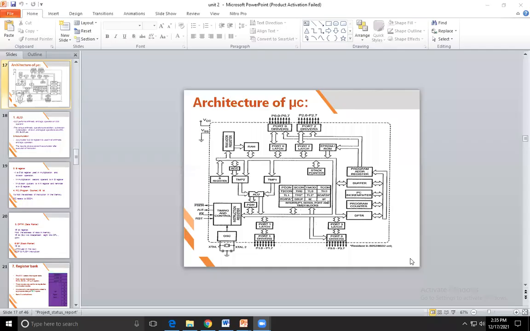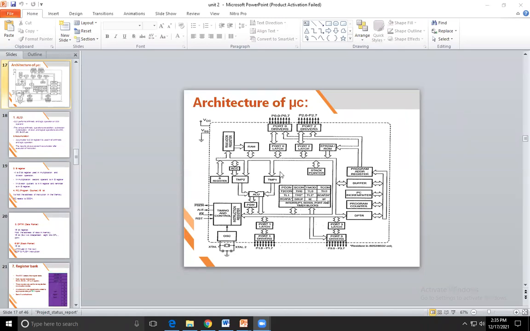Wait a minute, I want to open the unit number 3 architecture. See, this is the architecture.